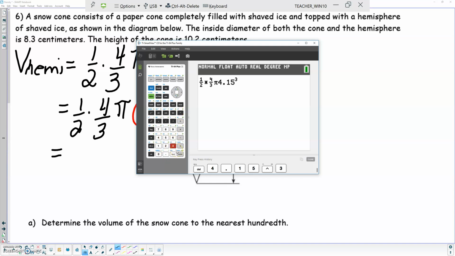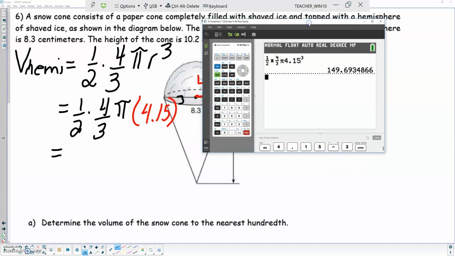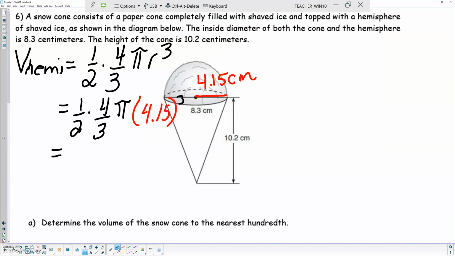Okay, so 1/2 times 4/3 times pi times 4.15 cubed. So the volume of the hemisphere is approximately 149.6935.